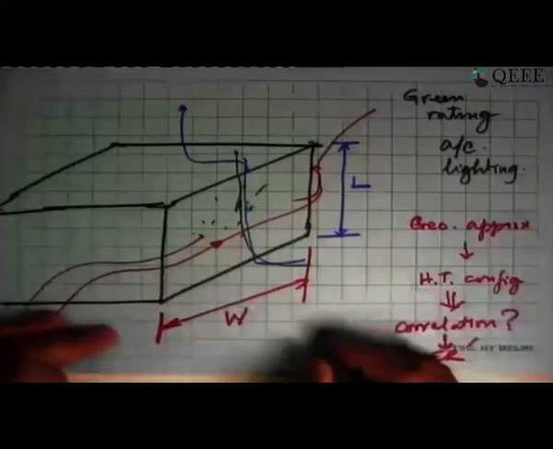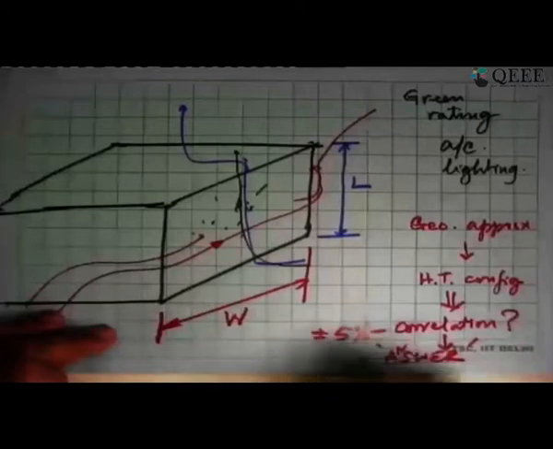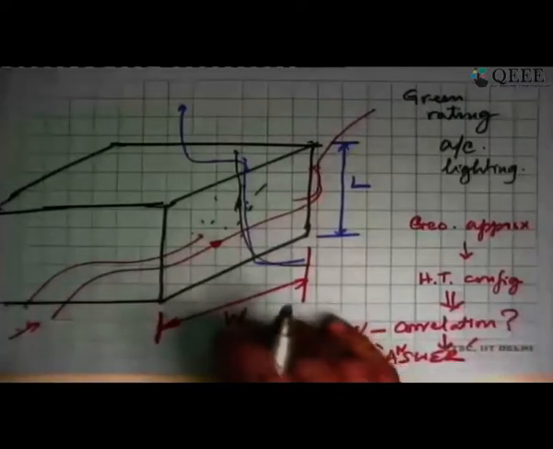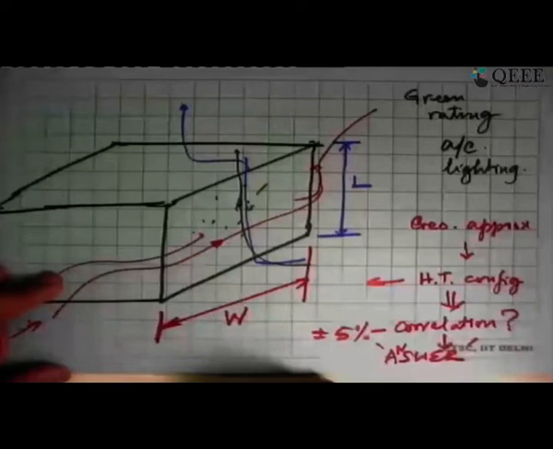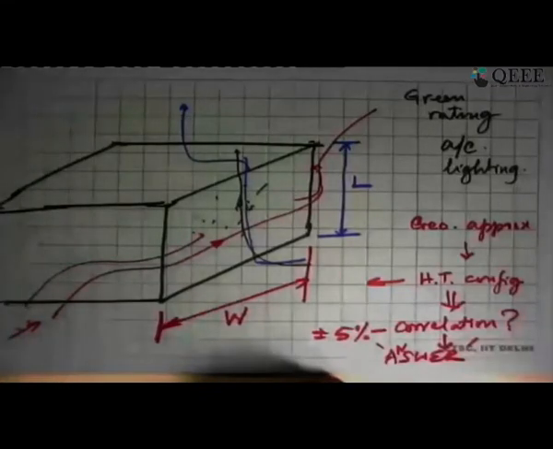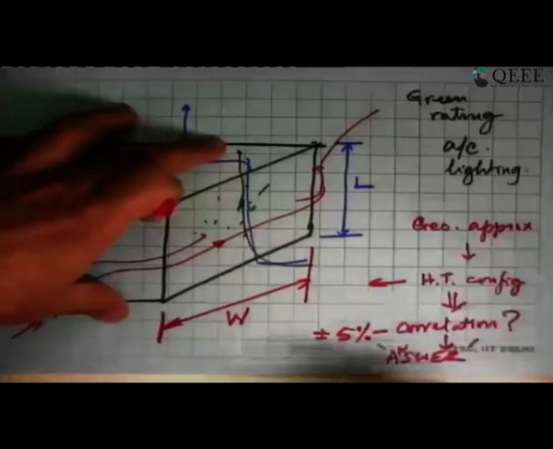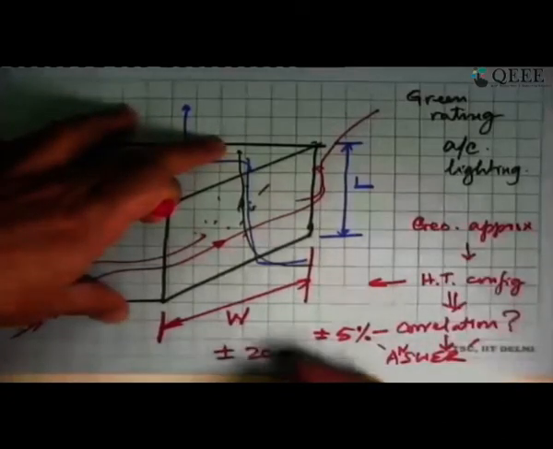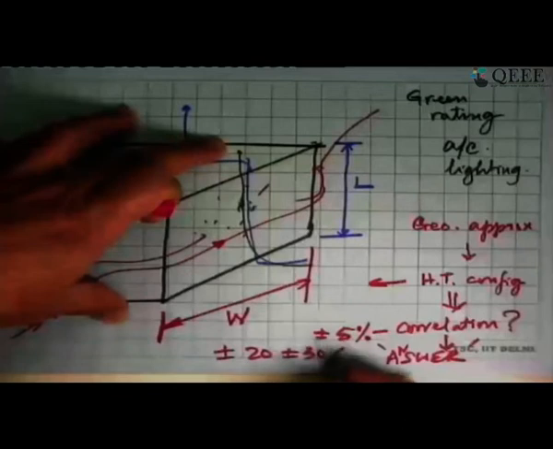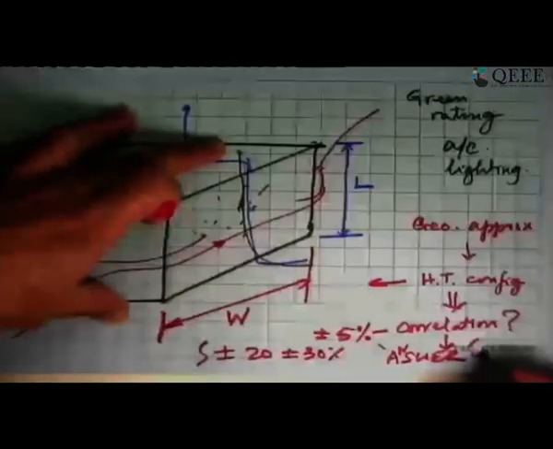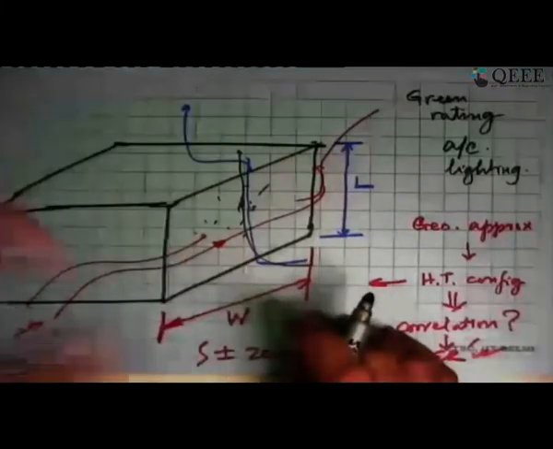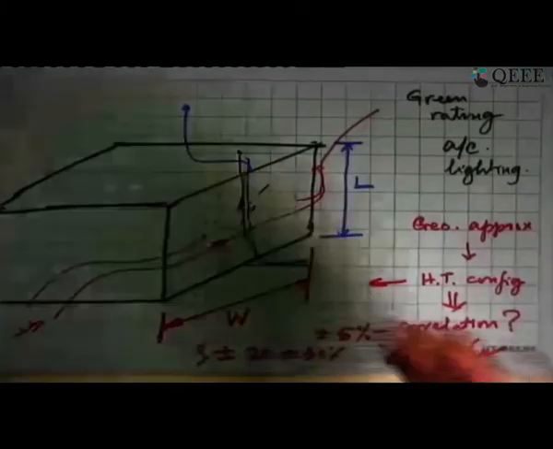The correlation itself was accurate to say at least plus minus 5%, if not plus minus 20%. And the geometry modification that we did introduced its own differences. So the final answer compared to what the real thing will do may be plus minus 20%, maybe in some cases plus minus 30-40%. But at least what this analysis gave us is a very quick way of an order of magnitude analysis of what actually happens. So it is good.